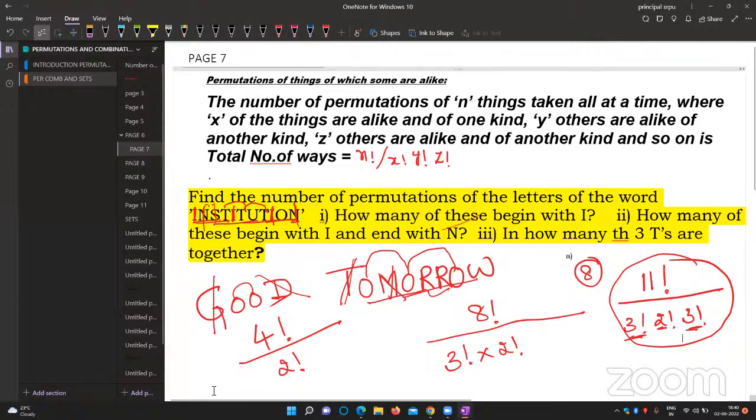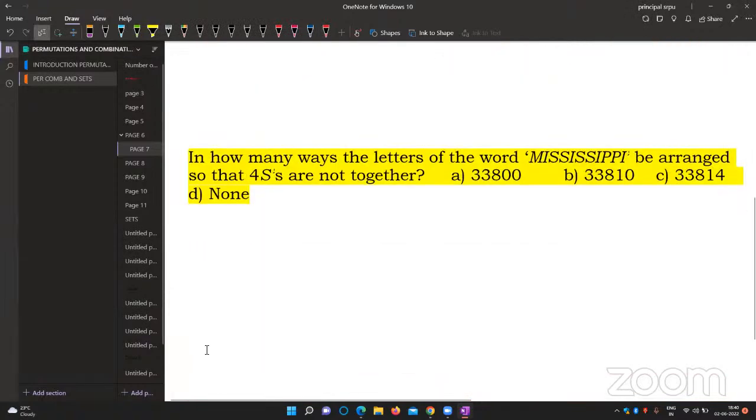Now I'll go for one more question. Look here, I'll give you this idea. Listen carefully, my dear students. Since it is competitive exam based, you have to understand how to tackle the question. The word, look here, is Mississippi. First calculate the total. How many letters are there? 1, 2, 3, 4, 5, 6, 7, 8, 9, 10, 11 letters.